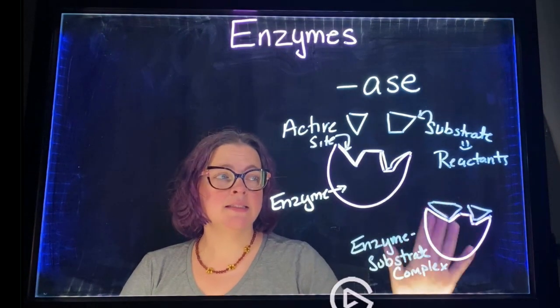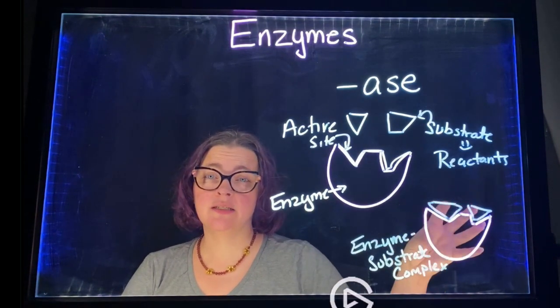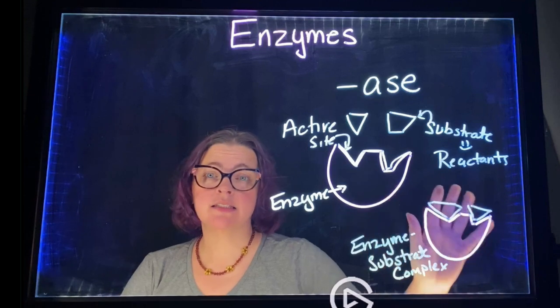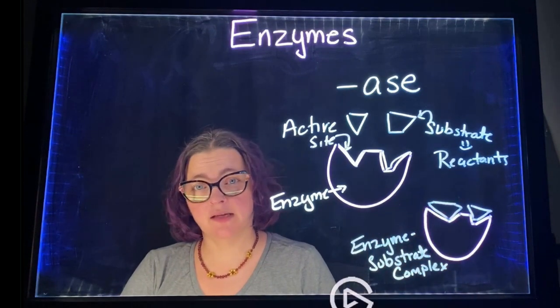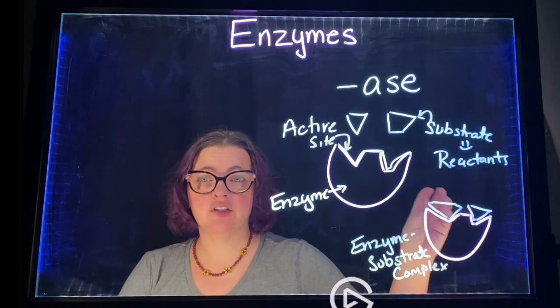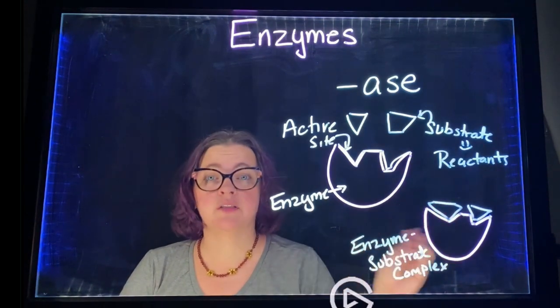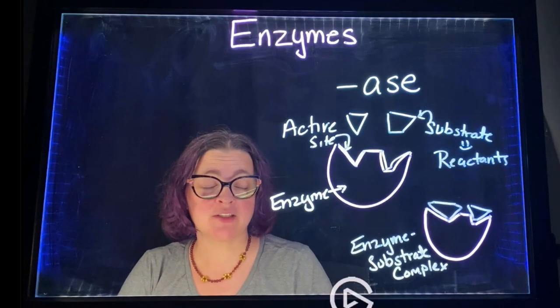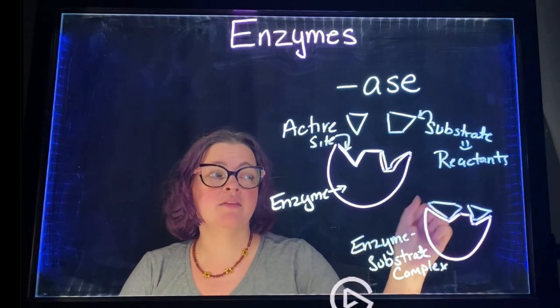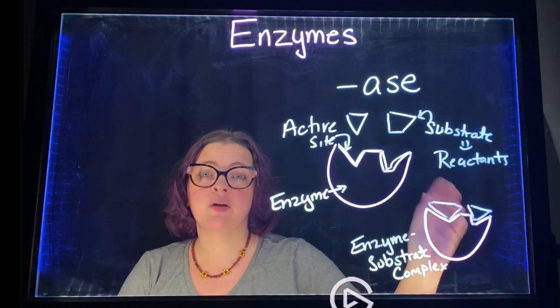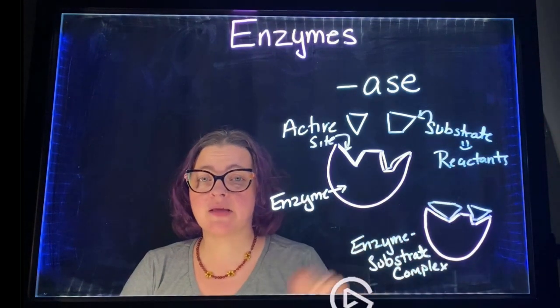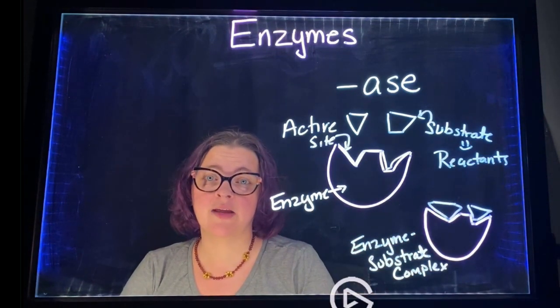When the enzyme and the reactants are sitting together and reacting, this is called the enzyme substrate complex. It is basically just the reaction occurring as the substrates are doing their thing, either joining together or separating apart, depending on the type of reaction that it is. And the substrate will then leave the enzyme, and the enzyme can then be reused for another reaction.